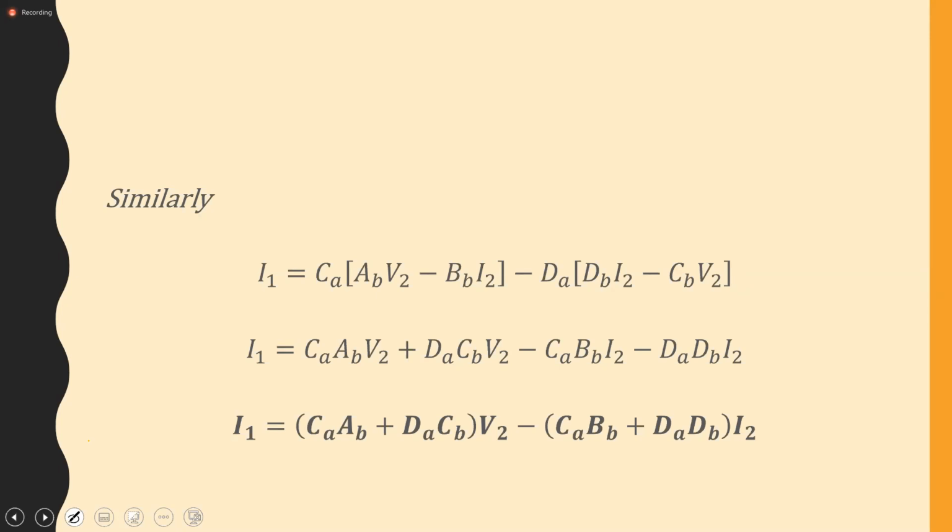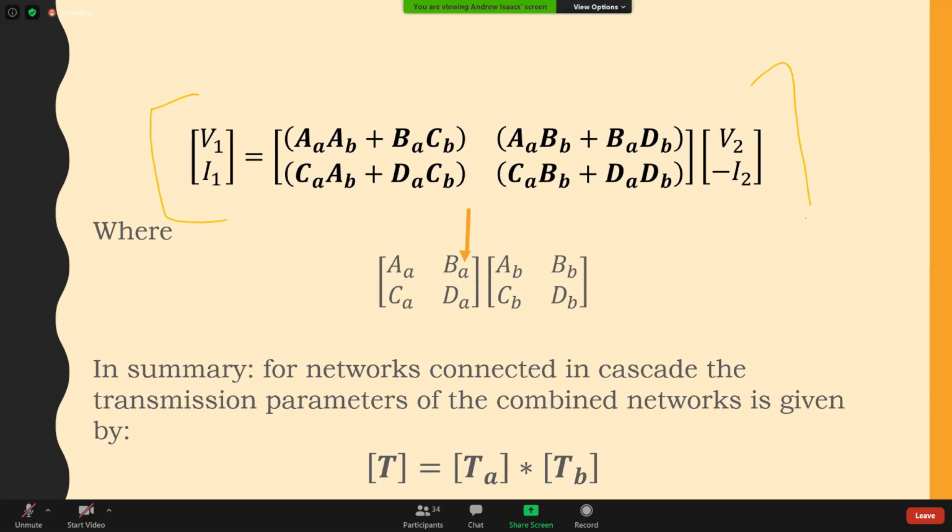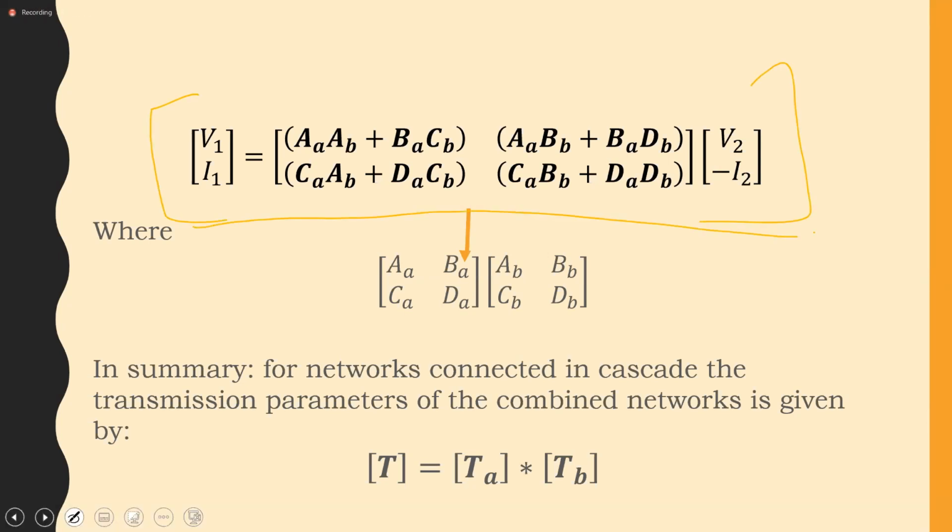All right. So we can now put both equations together. So we have the voltage and current equations, and that will give us the transmission equation for our combined network.